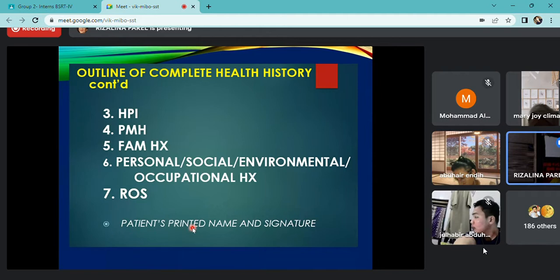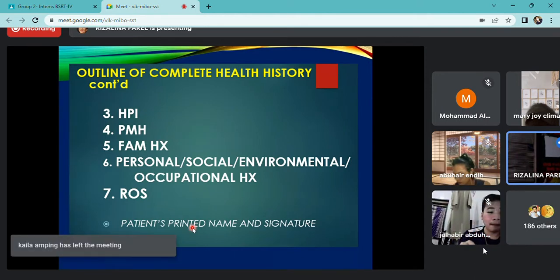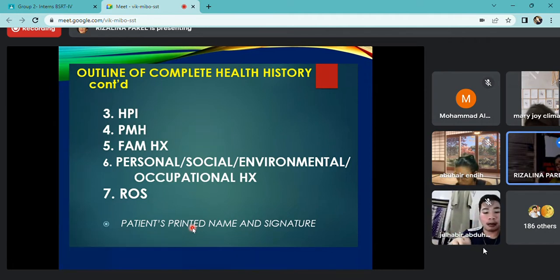And of course, sa past medical history, importante na document natin in chronological order yung kanyang past confinement or past hospitalization, from the pinaka luma hanggang sa pinaka bago or latest or current na hospitalization. Okay? So that is for past medical history.